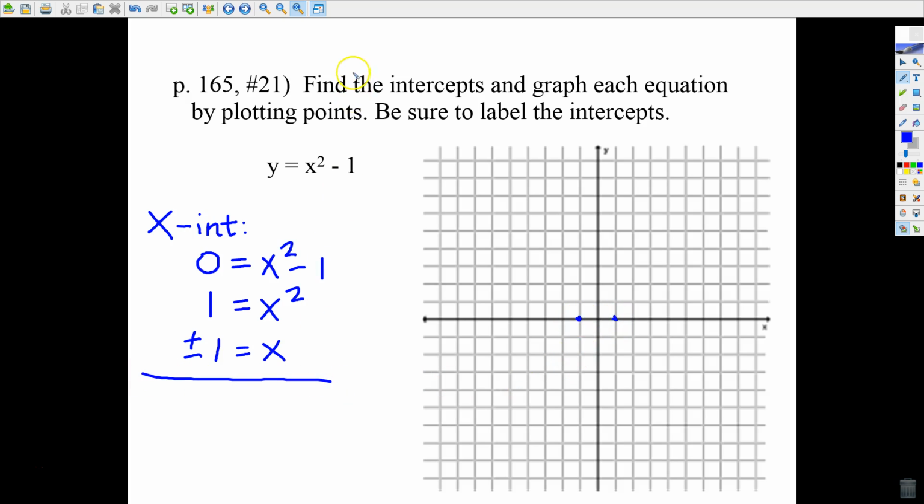I found X-intercepts at +1 and -1. All right, and just following their instructions, let's find Y-intercepts. Well, it's kind of the reverse. If I want to find a Y-intercept, I let x be 0 in this equation. And that's pretty obvious that my Y-intercept is going to be -1.